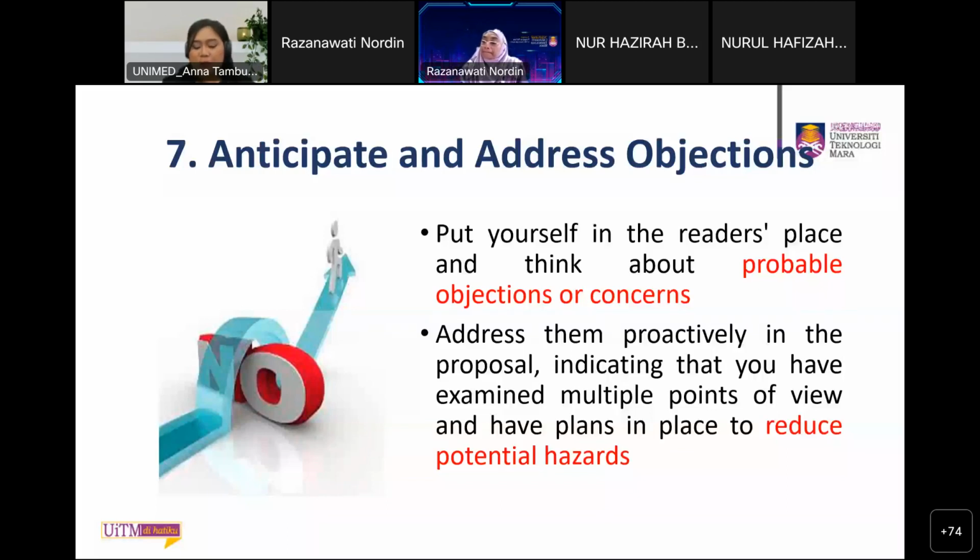So you may put this kind of thing in your proposal, and how you anticipate the potential objections or concerns. Of course, you can write it proactively within the proposal, elaborate various perspectives, and elaborate some strategies to mitigate the potential risks and challenges.